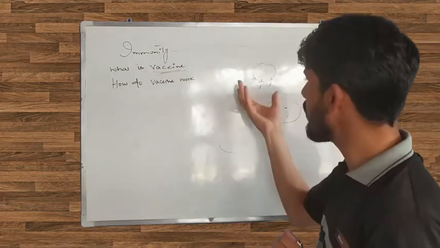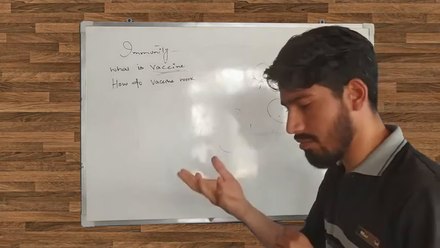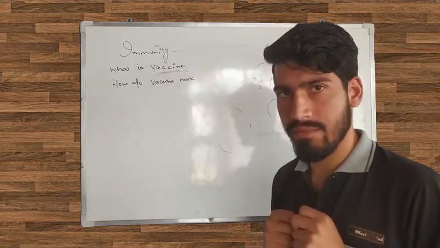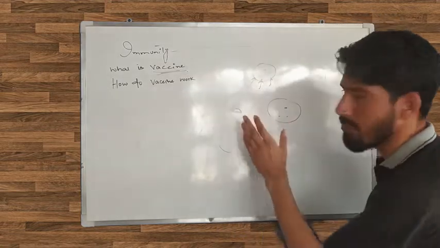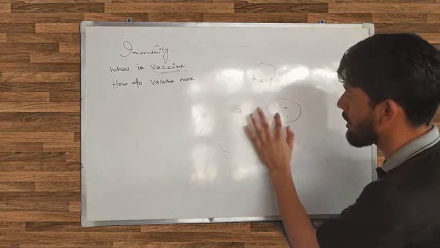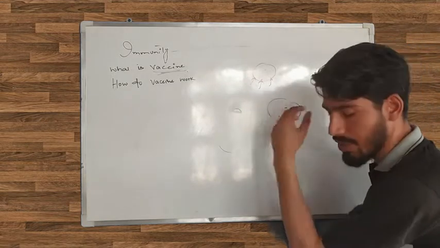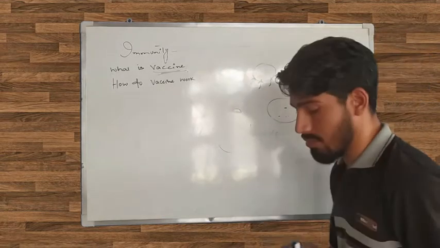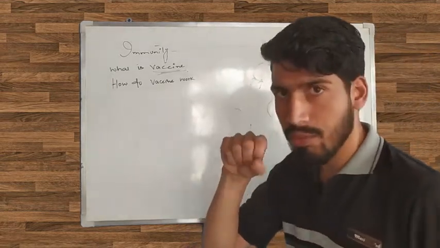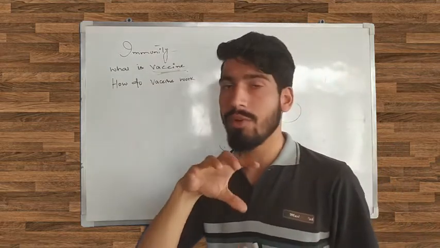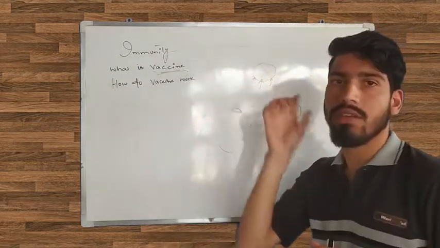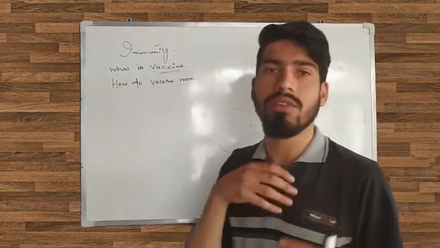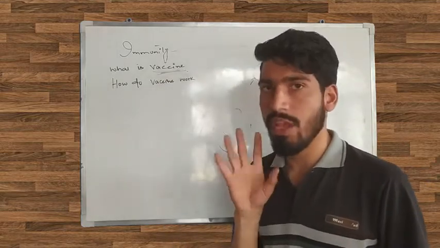So why do we use them to make the vaccine? We can use a small piece of the bacteria, or we can take the whole pathogen but in weak form. We make it weak because then it does not cause any infection inside the body.